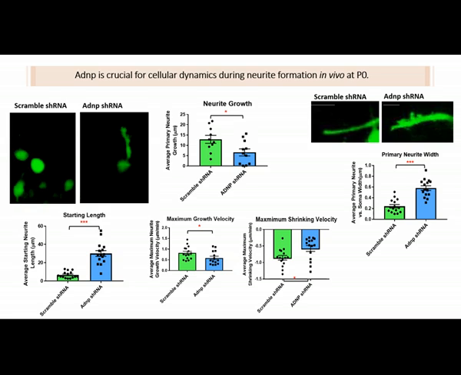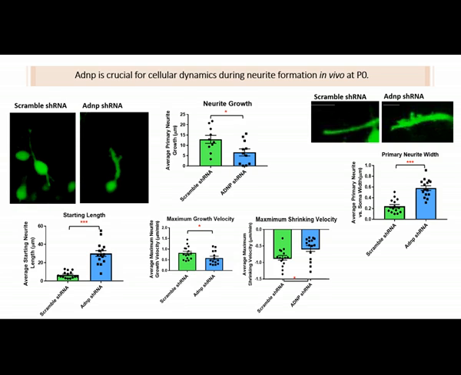In control neurons, round-shaped neurons start extending some neurites, and these neurites are active, repeatedly extending and shrinking. In contrast, ADNP neurons had already one single neurite at the beginning of the recording, but it was not so active, rather stable without major morphological change. We measured neurite length at the starting time point, neurite growth, and velocity in growth and shrinking.